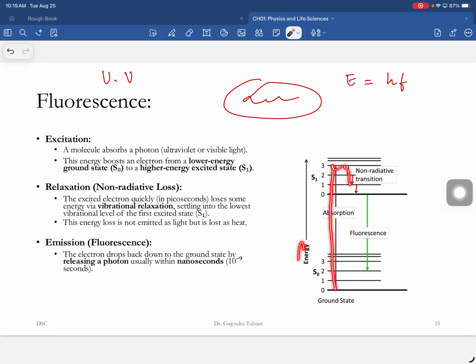And then it loses some of its energy via vibrational modes through heat. So it loses some of its energy. And then, that molecule is complex and it has many energy levels. You excited it, and then it de-excites by emitting this green light.